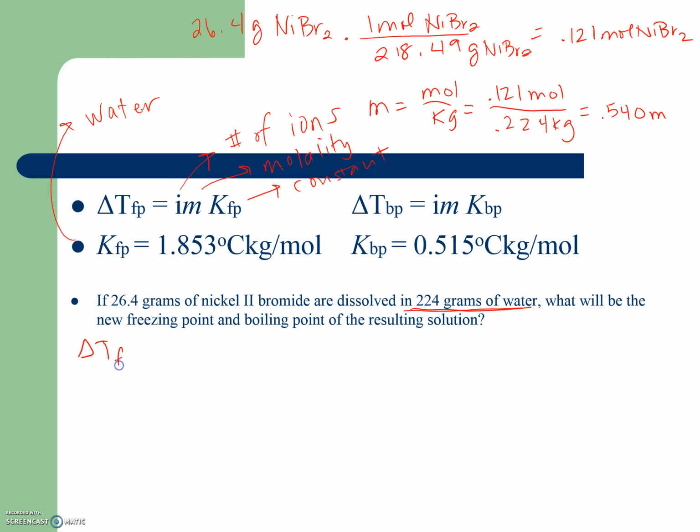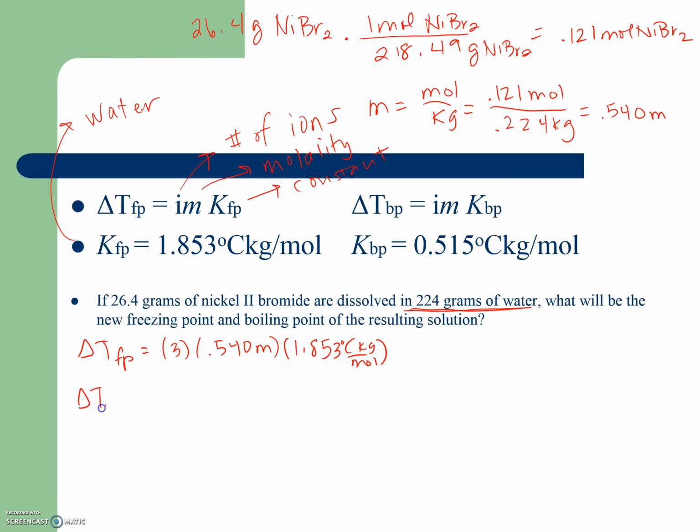So if I'm looking for the freezing point, delta T freezing point is equal to i, my number of ions. NiBr2 looks a lot to me like CaCl2. How many ions is that going to break into? Well, of course it's going to break into 3. My molality I already solved for. It's 0.540 m, and my constant is 1.853 degrees Celsius kilogram per mole.